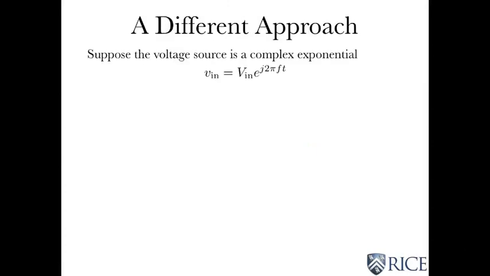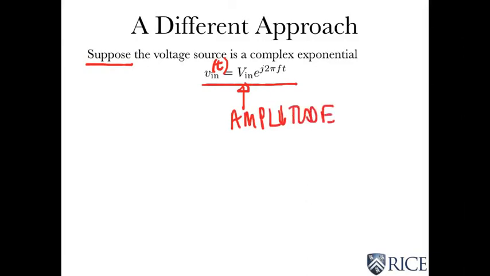Just suppose the voltage source is a complex exponential. So V in of t is equal to capital V in. This is known as the complex amplitude. Could be a complex number, but it's just a number.